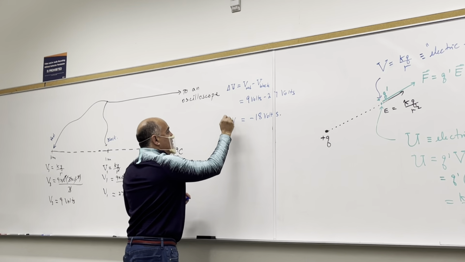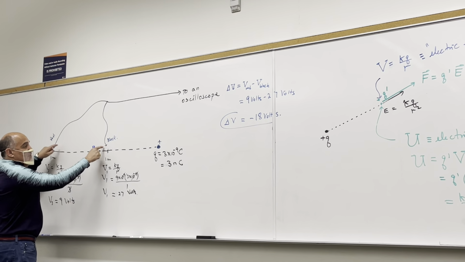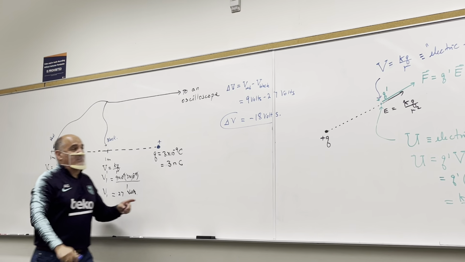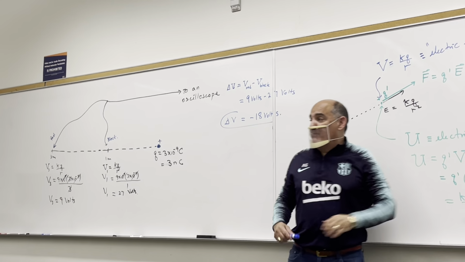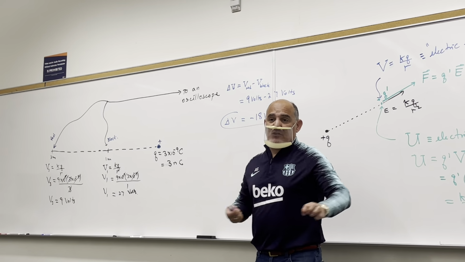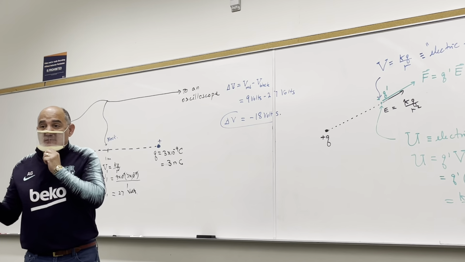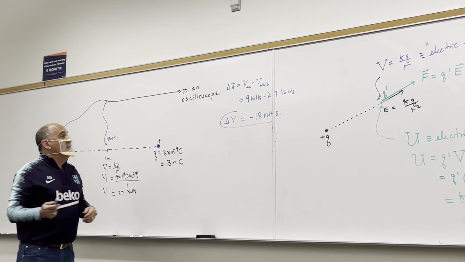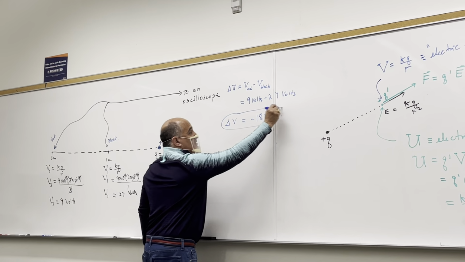So this difference of two potentials, when you take the difference between this quantity at some point and that same quantity at some other point, that's the definition of voltage. The voltage is a difference of two potentials. That's why the unit of voltage is also the volts, because it's a potential in volts minus another potential in volts.